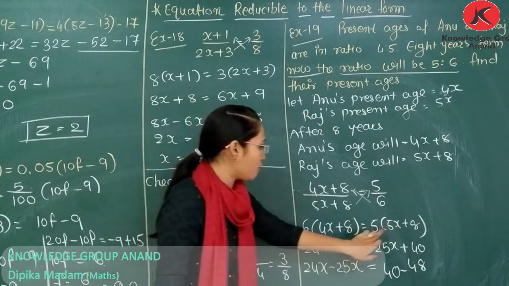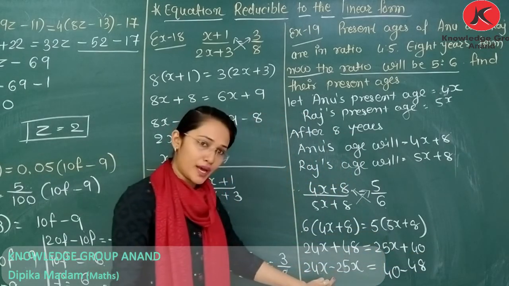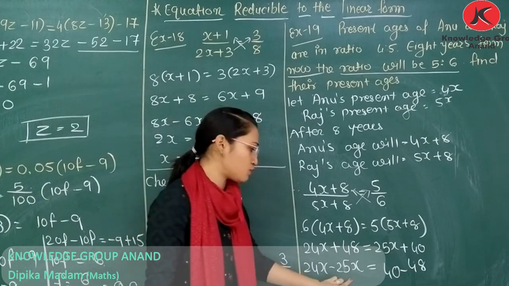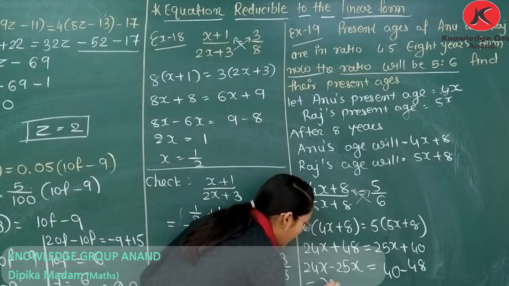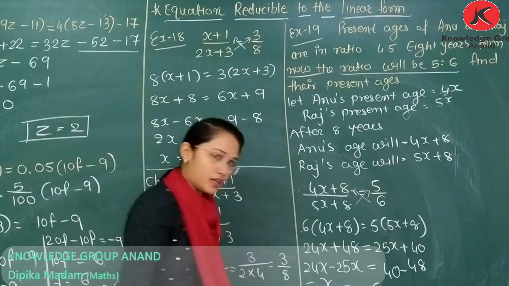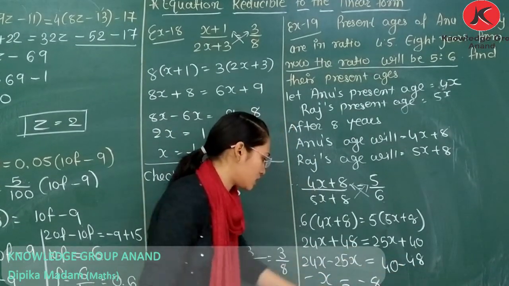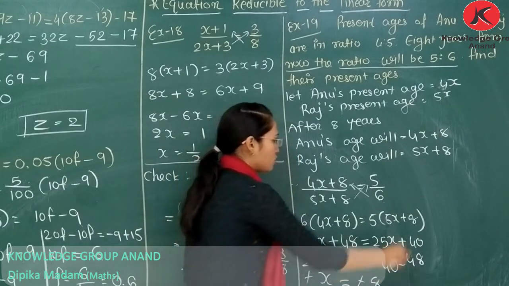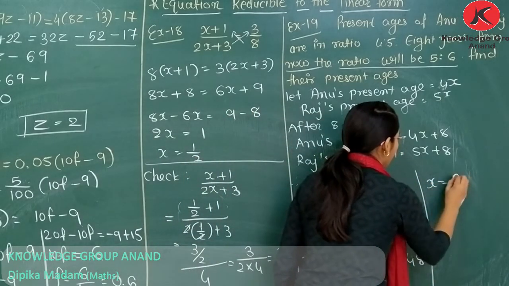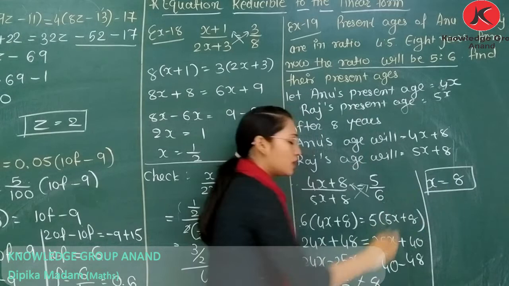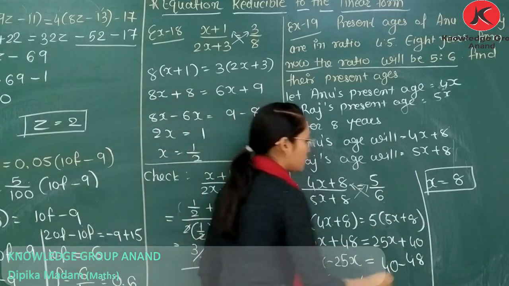Okay, 5 5s are 25, 25 becomes minus 25. Now 24 minus 25 is minus x and here it is minus 8. Okay, 40 minus 48, bigger number is 48, so it is minus 8. You can cut the negative sign, so x will be 8. Clear?